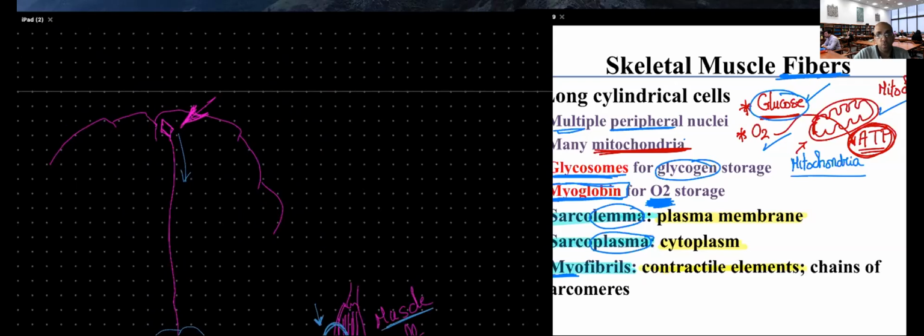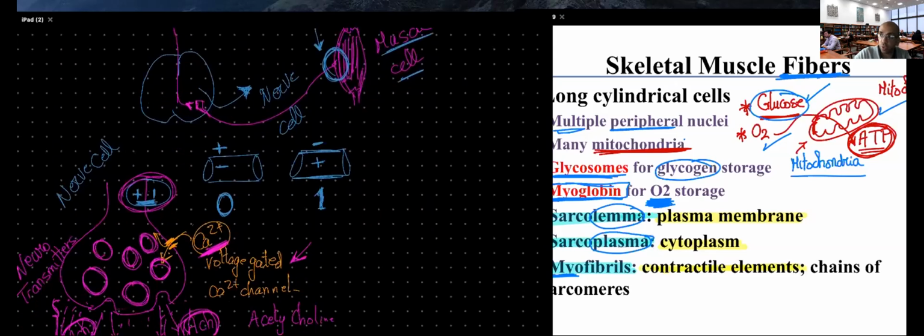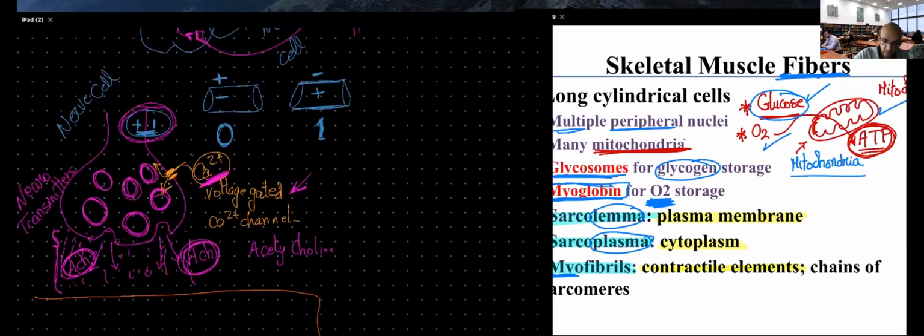So what we're looking at here is a signal created in the cerebral cortex and transported through my central nervous system to my spinal cord, exits the spinal cord through the nerve, and the nerve transports the electrical signal to my skeletal muscle.